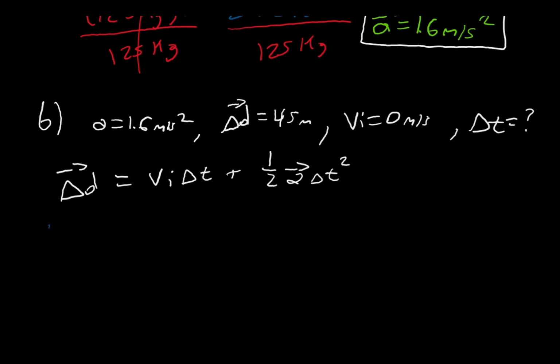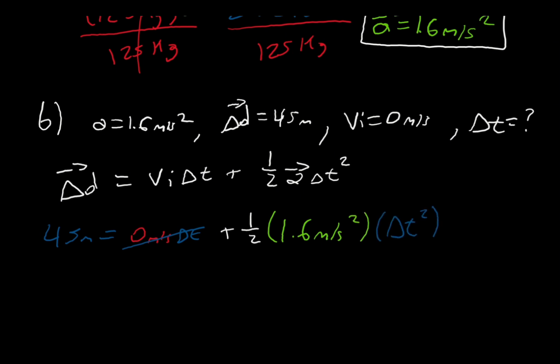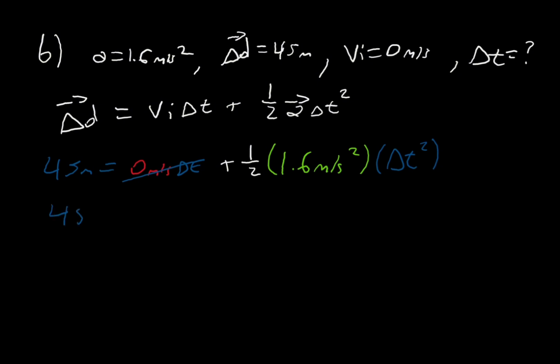Plugging in the values that we have, 45 meters equals 0 meters per second times time, which gets canceled out because anything multiplied by 0 is 0, plus 1/2 of our acceleration of 1.6 meters per second squared, multiplied by time squared. Factoring that half into the 1.6 gives us 0.81 meters per second squared, if you keep the full number from your calculator from last question, times time squared.